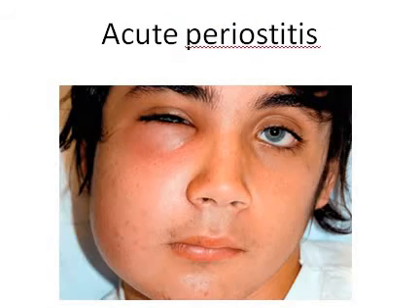Acute periostitis, as you can see on the picture, this is maxilla periostitis.